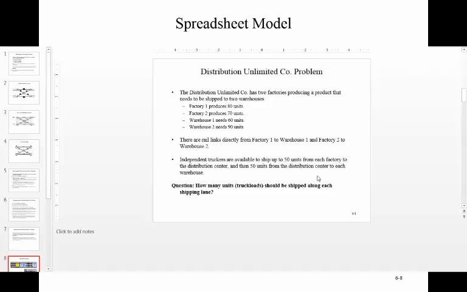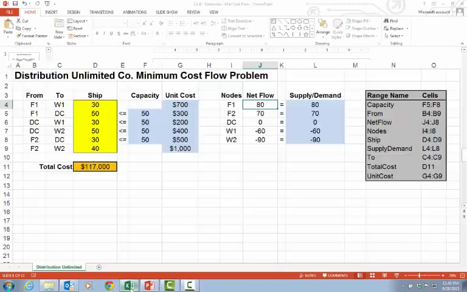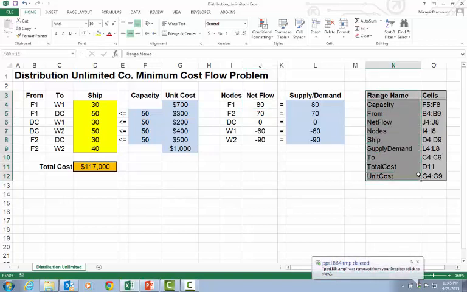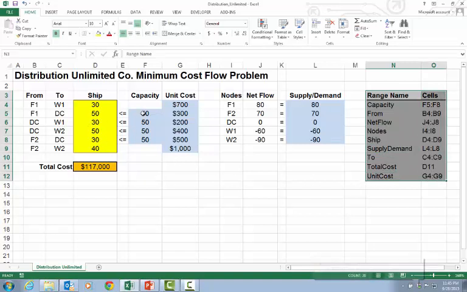So let's take a look now at the spreadsheet model. I'm going to shell out over here to Excel and talk about some of the characteristics of this model. First of all, on the right, as with all the examples in the book, we've got the range names and the cells. We've got the range of capacity, which is given in F5 through F8 right here.